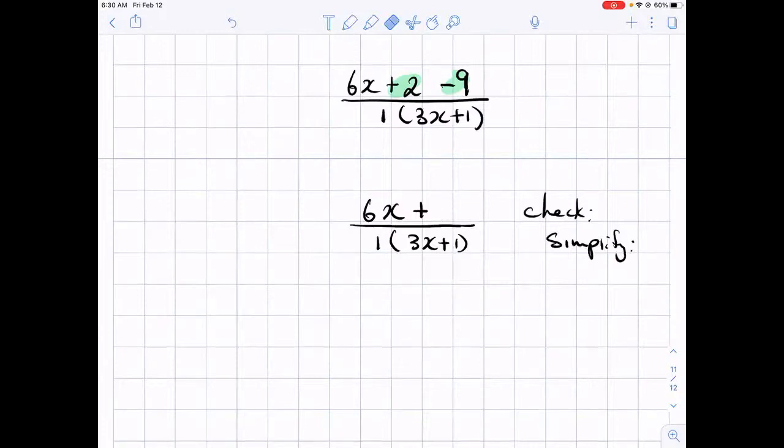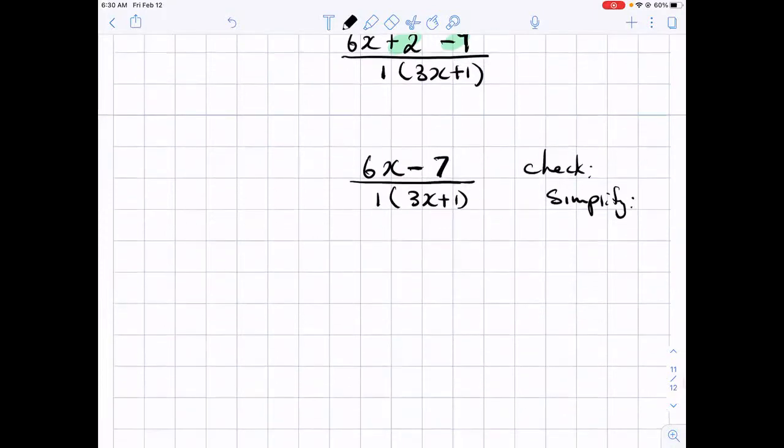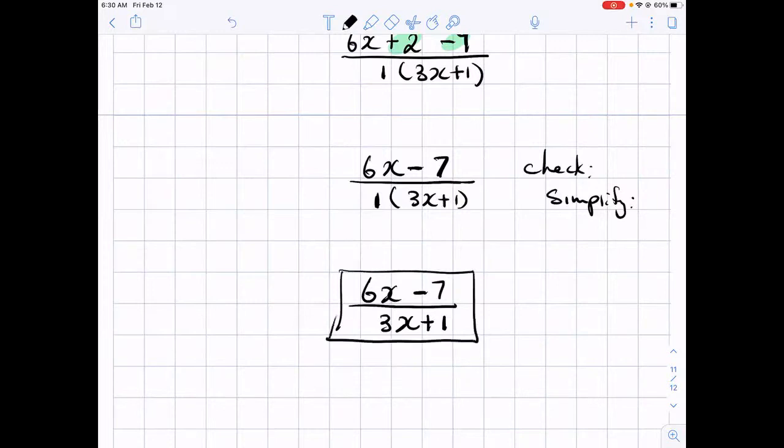If that's a 9, sorry, then we have like terms: 2x minus 9 becomes minus 7, right? Not just a 9, because we do have like terms now. So there is nothing to factor in the numerator. So 6x minus 7. And in the denominator, we don't need to write that 1 there. 3x plus 1. So this is my simplified answer.